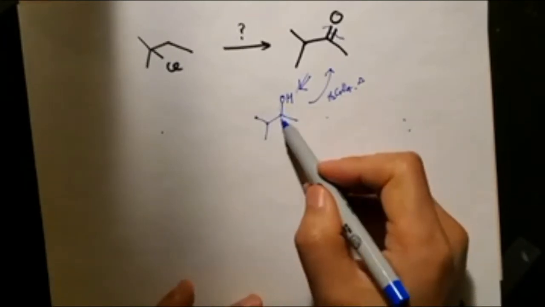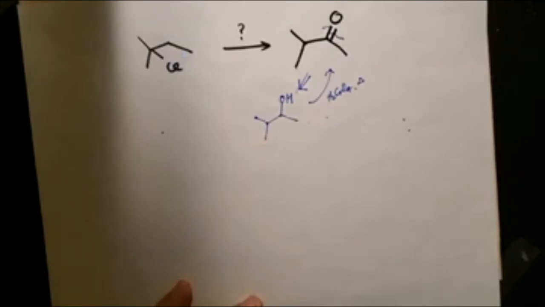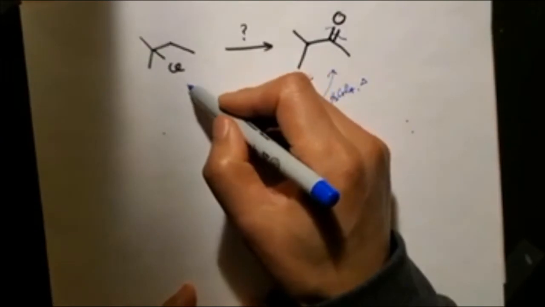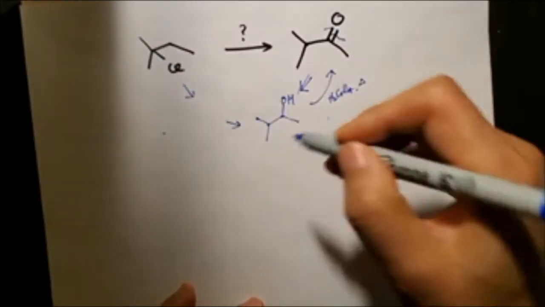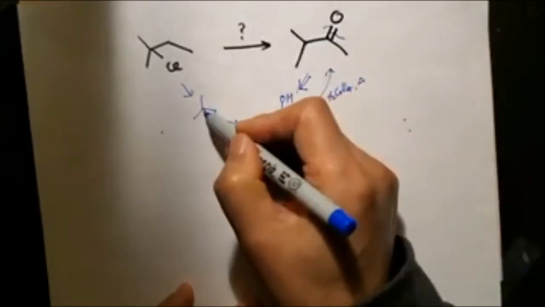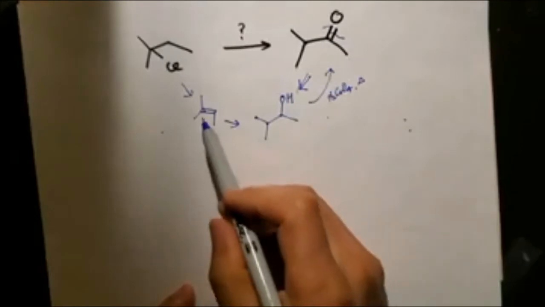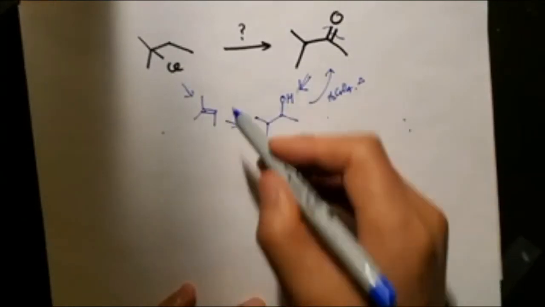Then you ask, how do I get this from there? I have a rearrangement, but we've seen this before many times. As I mentioned earlier, if I have this double bond here, then I can do anti-Markovnikov addition of OH, one of the two anti-Markovnikov additions.